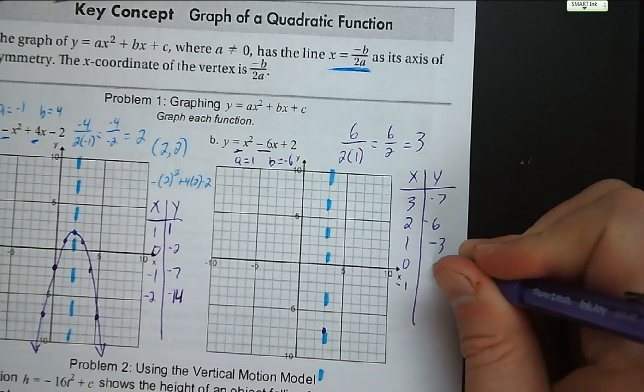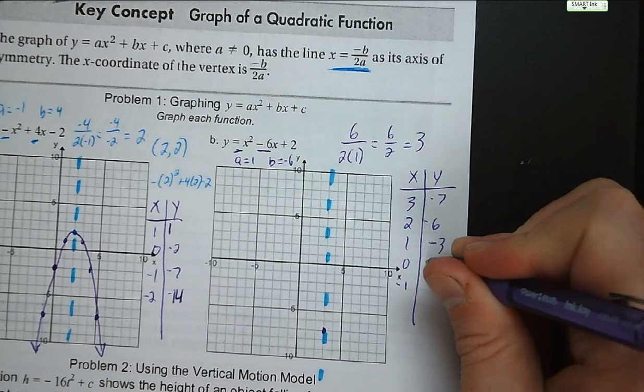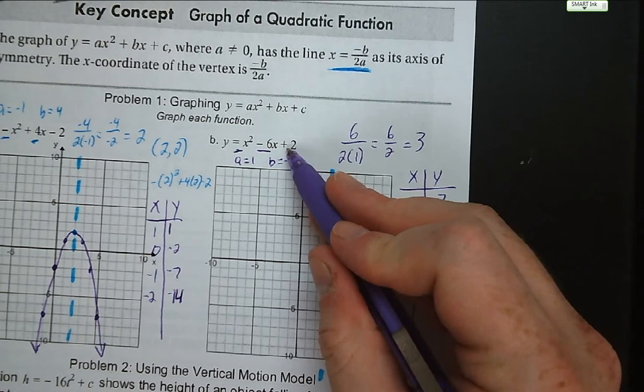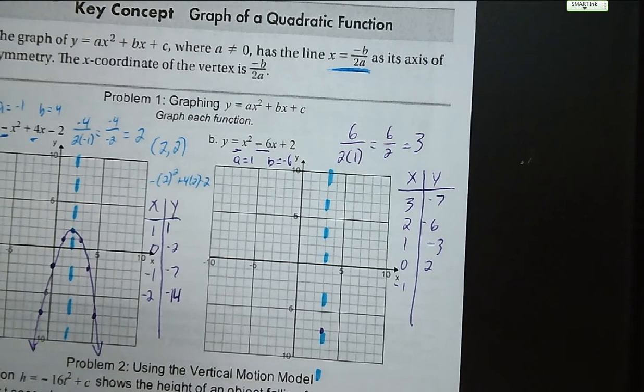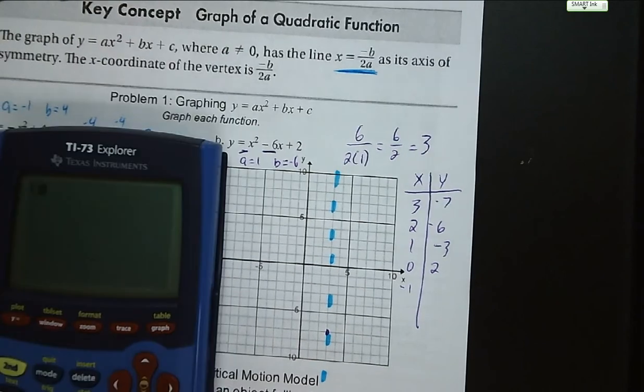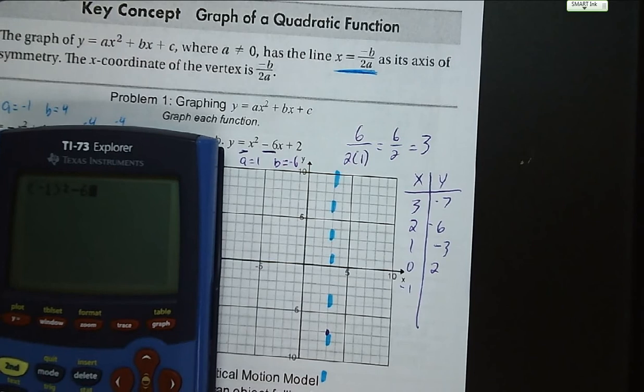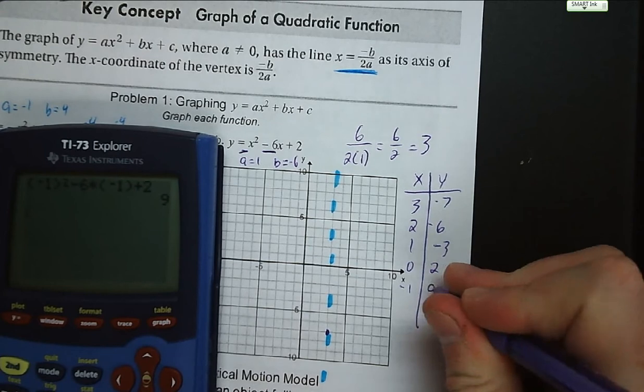When you substitute 0, you get a 2, which is our y-intercept. And when we plug in negative 1, remember it needs to be in parentheses, so negative 1 squared minus 6 times negative 1 plus 2, and we get 9.